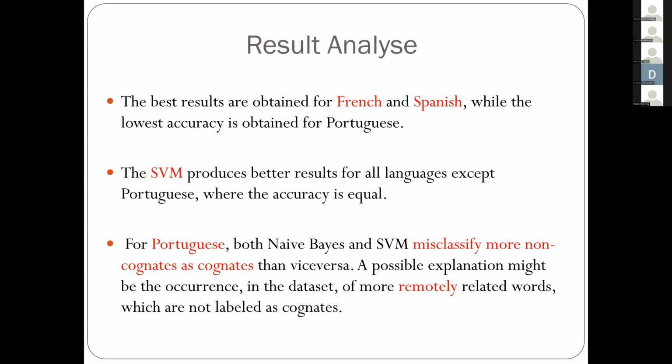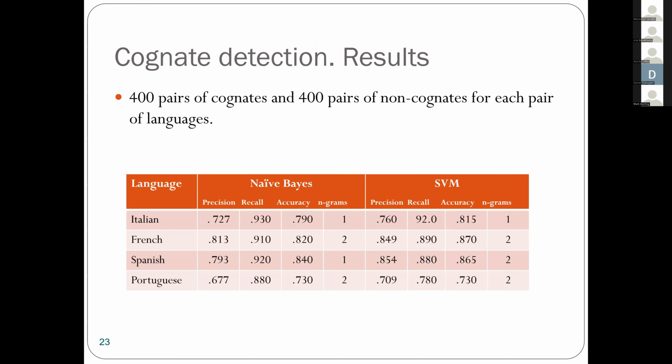So actually, our words were more remotely related, and this is why our algorithm didn't label them as cognate. So the machine, in a way, observed that our pair of words, the initial word, in the case of Portuguese, are more remotely related.